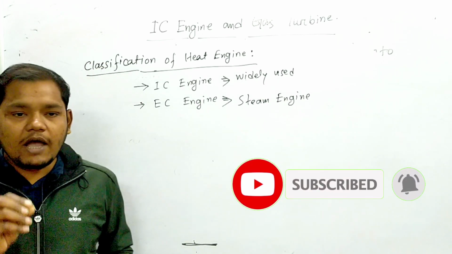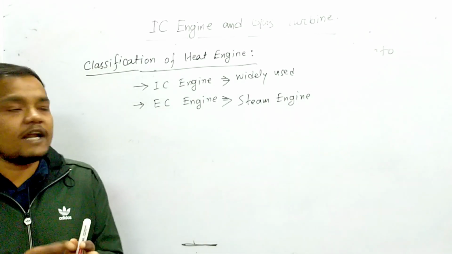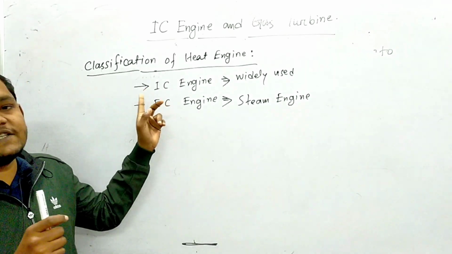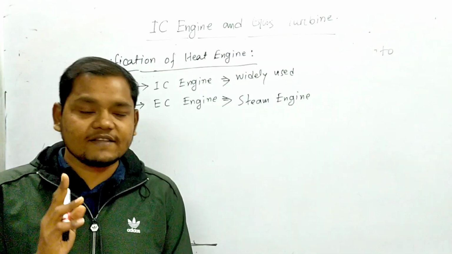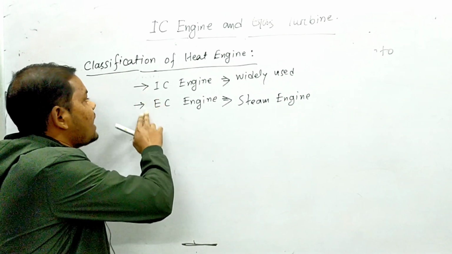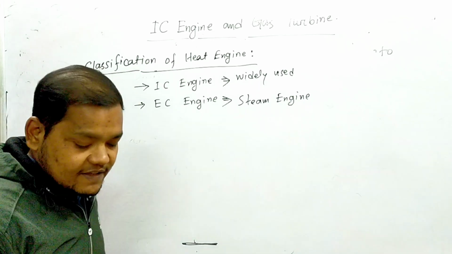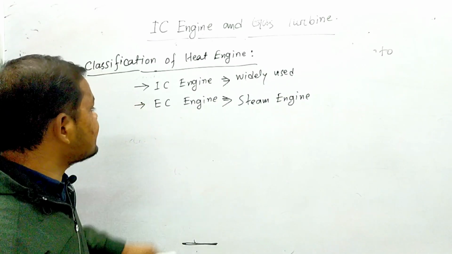You have to compact the design, and that's why IC engine is used. Generally, IC engine is widely used. That is the general comparison between IC engine and EC engine. Okay, this is the basic difference between IC engine and EC engine.